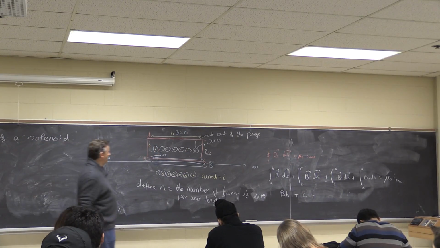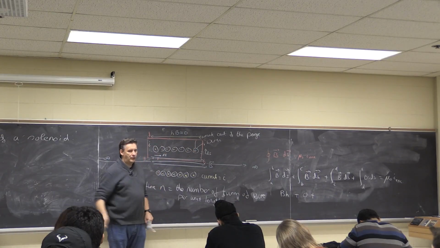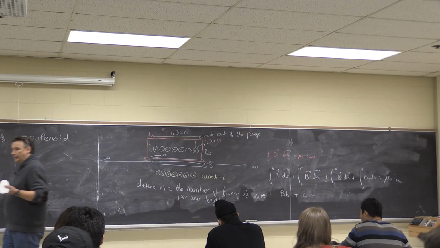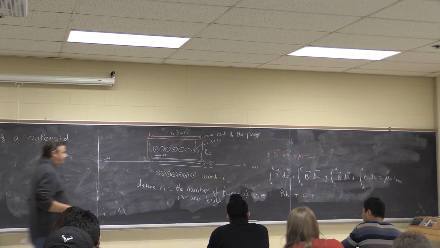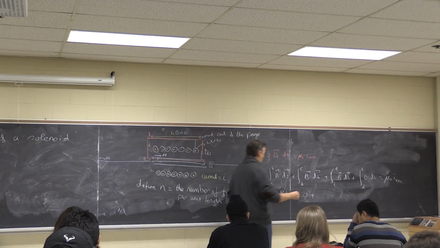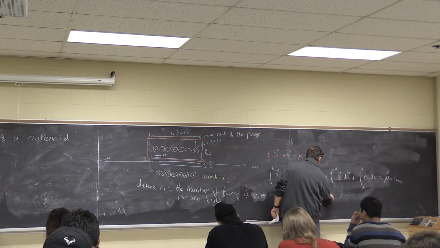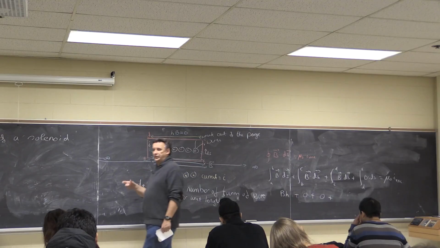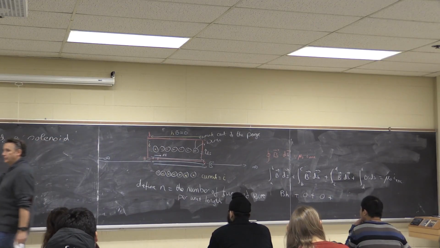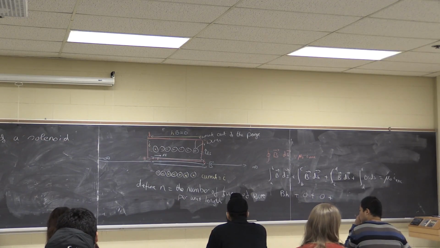So when I do the integral along the top side here from C to D, I'm going to assume that the magnetic field at that point is 0. So if B is 0, the integral of B dot ds is 0, so I can get rid of that.